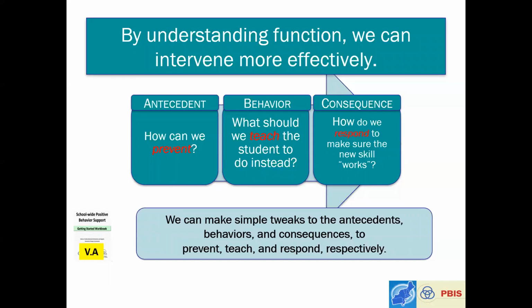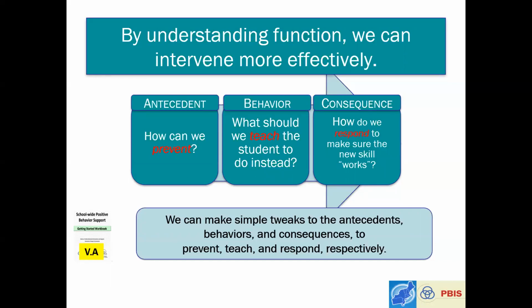Lastly, we presented a visual to consider how to make better decisions about adjusting the environment or intervening to reduce the likelihood of that problem behavior from happening based on the function of behavior. Consider antecedent changes as those things that can be done to prevent the behavior from happening.